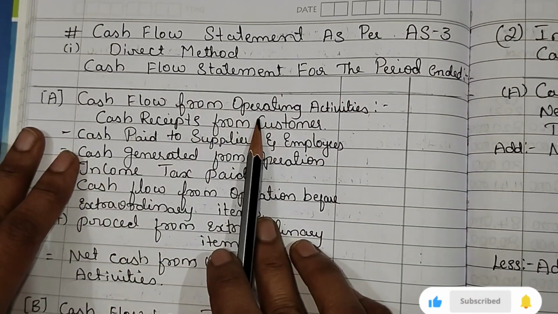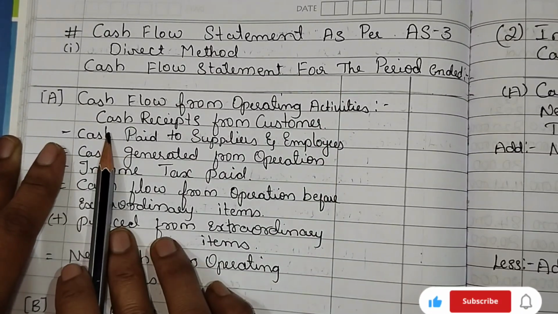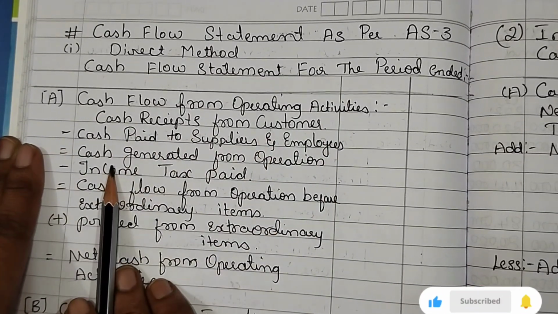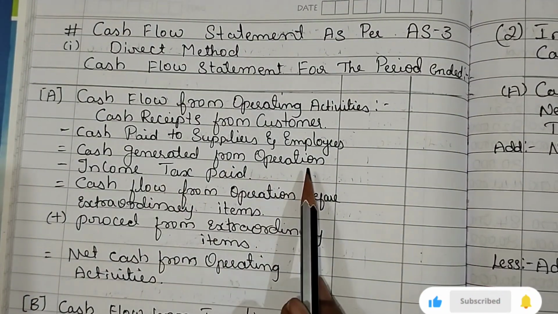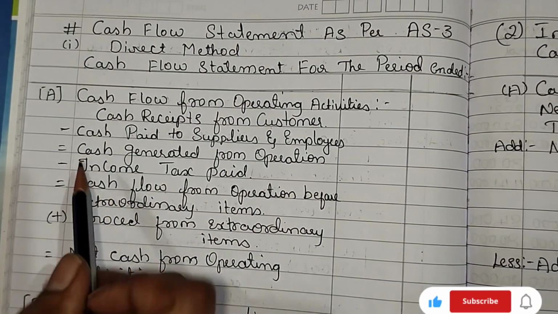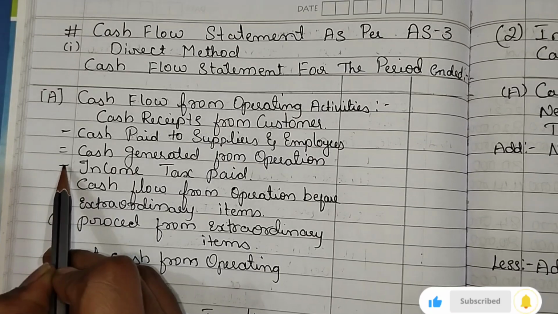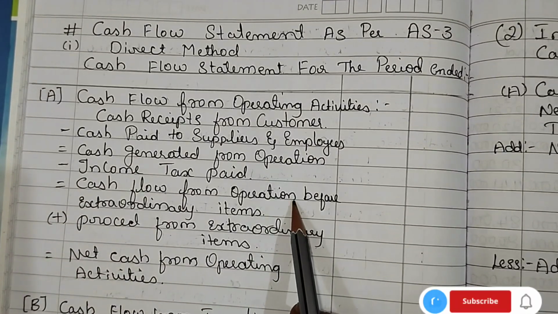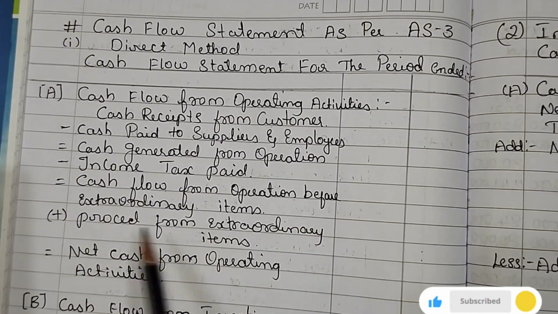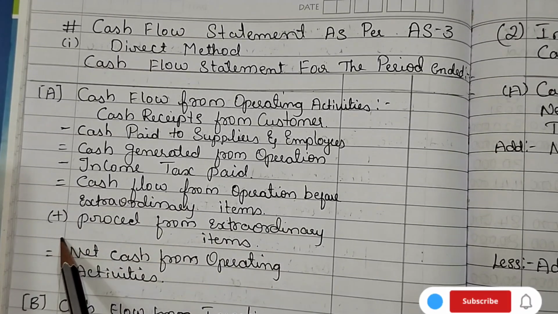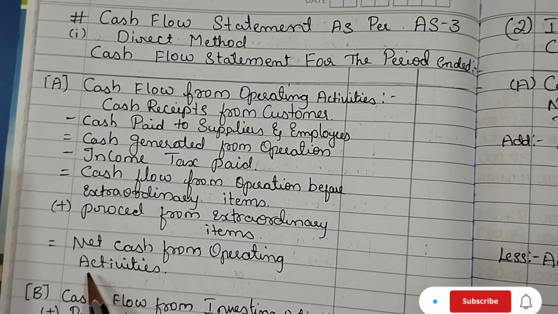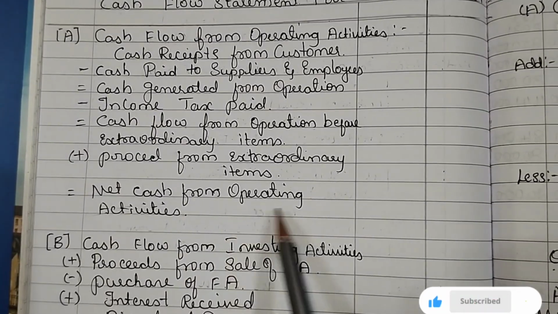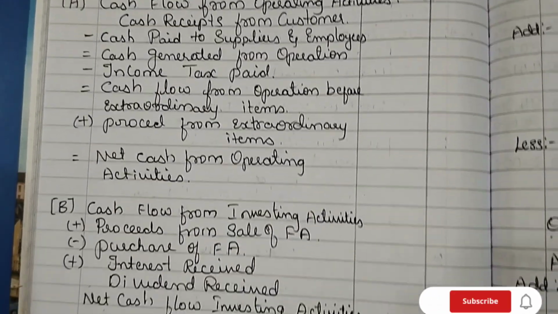Cash flow from operating activity. First one, the cash receipts from customer, cash paid to the supplier and employees. So cash generated from operations, income tax paid, that we are deducting. Okay. So cash flow from operation before extraordinary items. If any extraordinary items is there, that we are adding it back. Then we will get a net cash from operating activity.